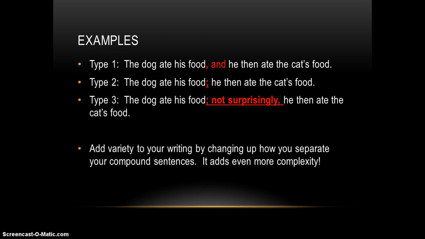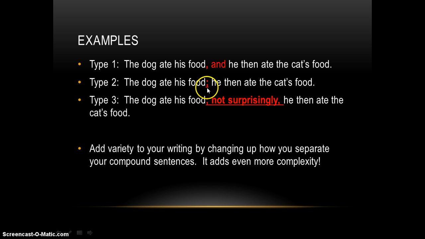So let's take a look at an example of each type. The dog ate his food, comma, and there's your comma and your coordinating conjunction. He then ate the cat's food. That's type 1. Type 2, the dog ate his food, semicolon. He then ate the cat's food.